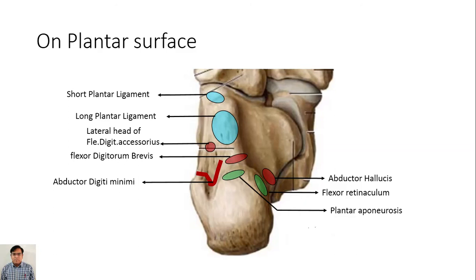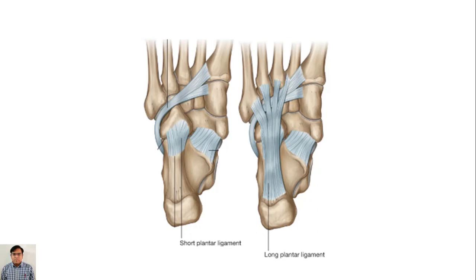On medial side of this anterior tubercle gives origin to medial head of flexor digitorum accessorius. So these are the inferior view showing short plantar ligament and long plantar ligament. This is long plantar ligament and this is short plantar ligament after removing the long plantar ligament.